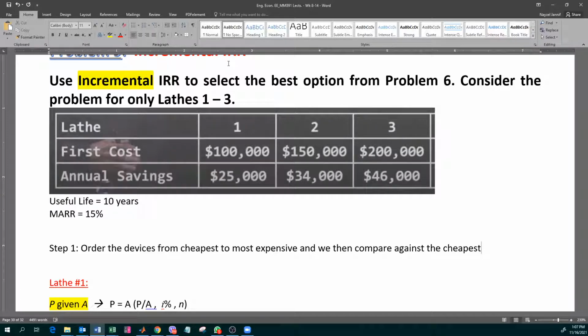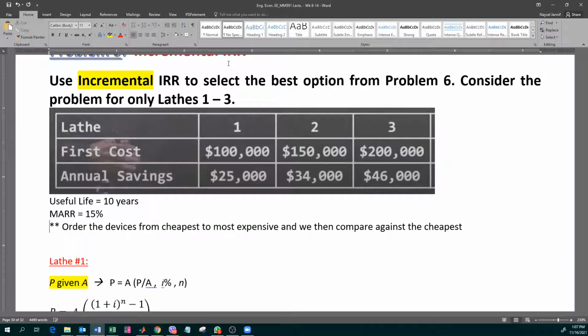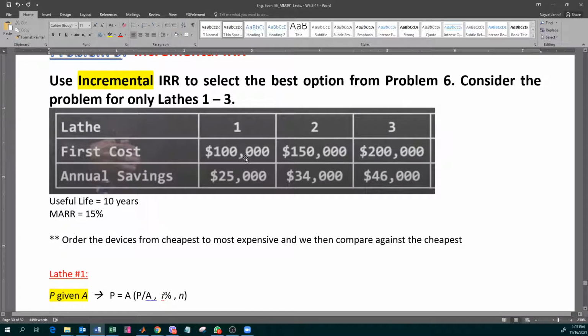This is a step which we have to take. In this case, can you see we put the $100,000 first, from the cheapest first cost to the most expensive first cost, and then we compare against the cheapest.